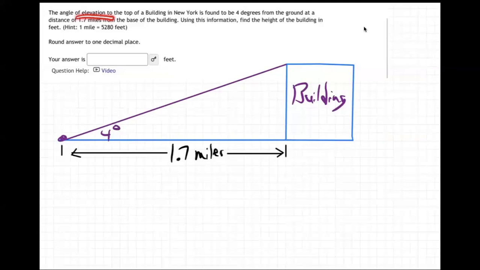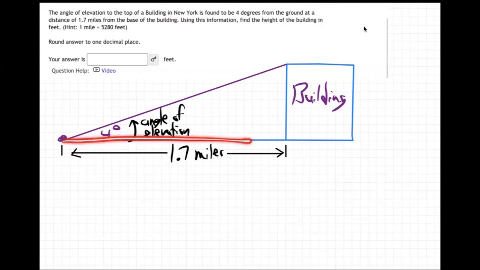The angle of elevation to the top of the building, right? That means the angle of elevation is right here, because it means from flat up to the angle that aims at the top of the building. This right here is the top of the building.